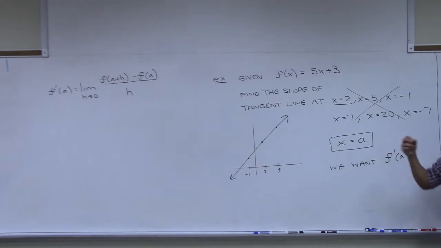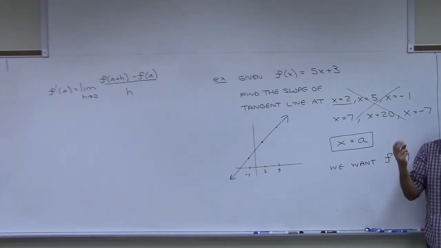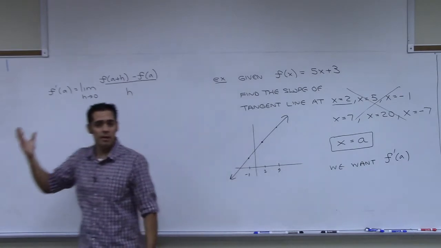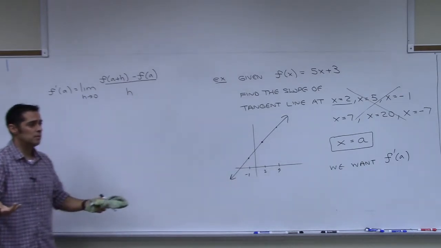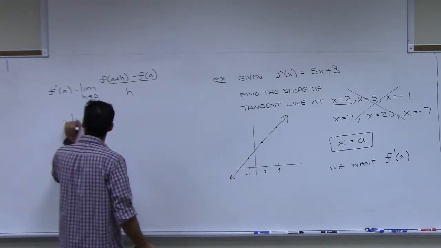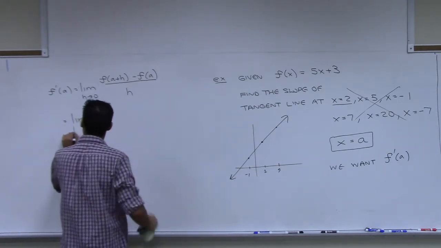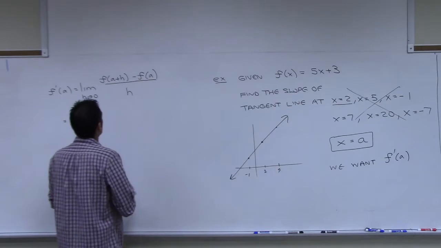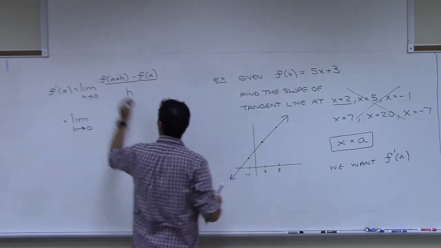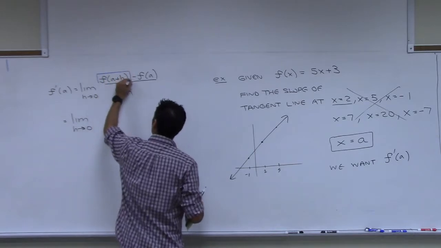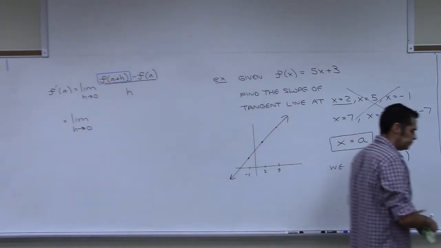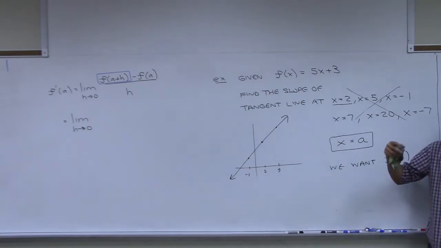So the difference now between what I did with 2 and what I'm doing here is that I'm not able to plug 2 in for a, right? I'm just going to leave a as a variable. So we continue. Limit h goes to 0. And now I need this top left corner, f of a plus h, which means I'm going to do what? Plug what in?